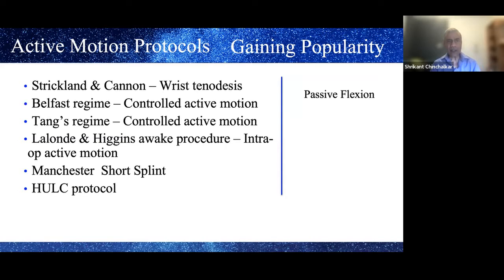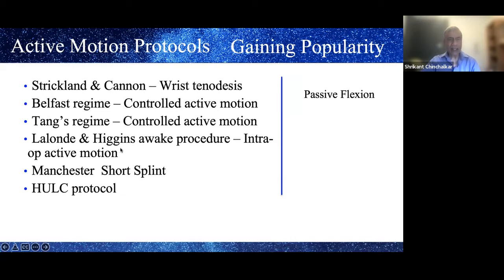Therefore, it did not gain popularity, especially in North America. However, in Ireland, they kept on using the Belfast regime for longer periods of time. So Jinbo Tang recommended controlled active motion.